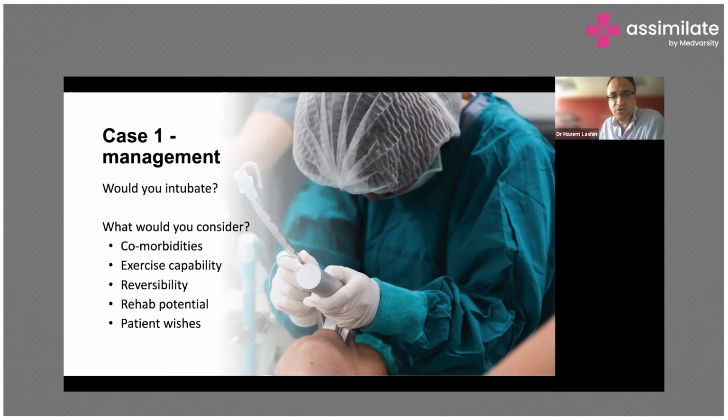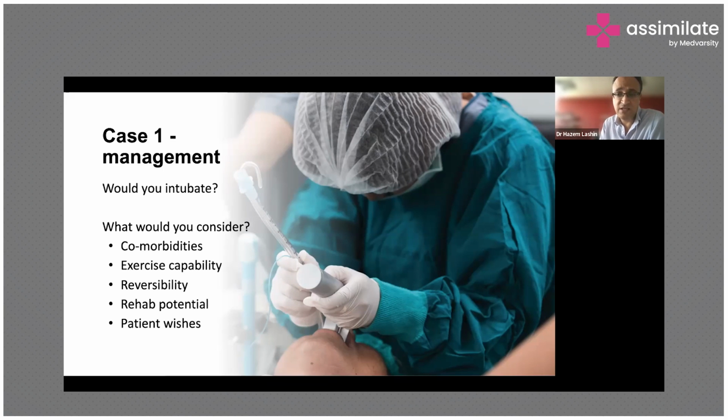So what I would consider before I decide to whether to intubate this patient or not is first comorbidities. So what other diseases does the patient have along his COPD, heart failure, liver failure, or other diseases that may influence this? The more comorbidities the patient have, the less likely that they benefit from endotracheal intubation and mechanical ventilation.